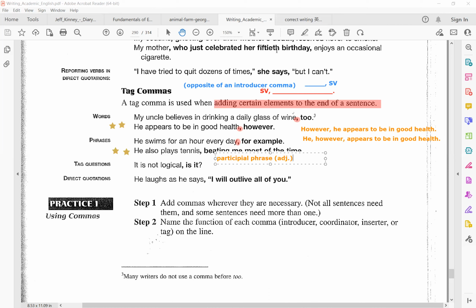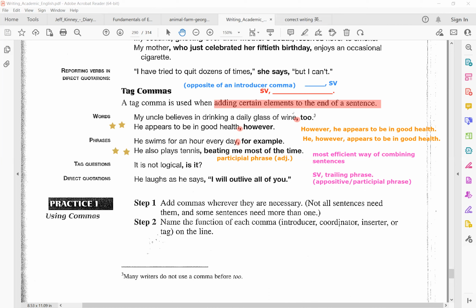Usually the most efficient way of combining sentences would be to use subject verb, comma, plus a trailing phrase. By trailing phrase, we simply mean we add probably an appositive or a participle phrase at the end of the sentence. And that would make a very concise, not wordy sentence.